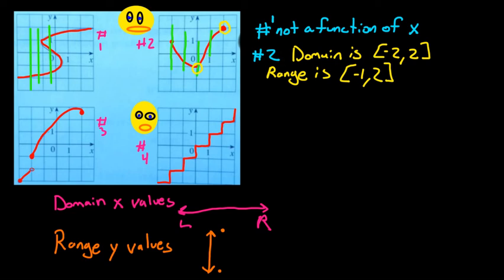Alright, number 3. Alright, number 3 is a little bit more tricky because we do this vertical line test, and you say, oh, I'm good right here, and you can do it over here, I'm good, over here, I'm good. But when you do it right here, you say, well, what's going on?